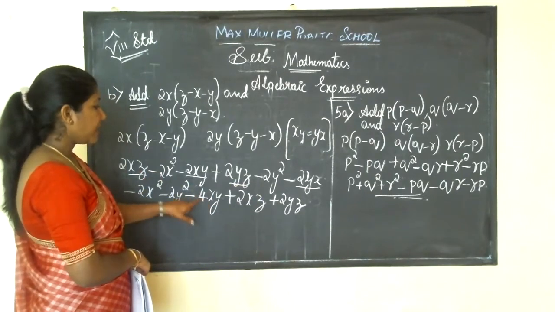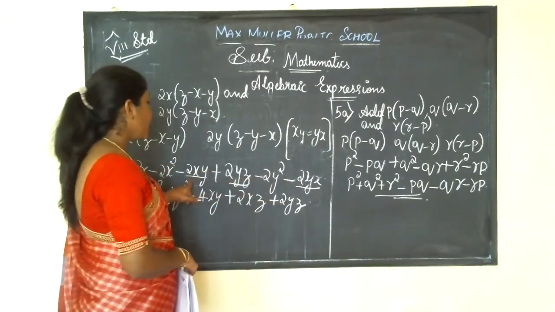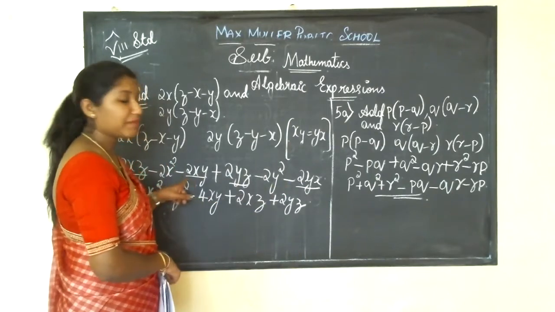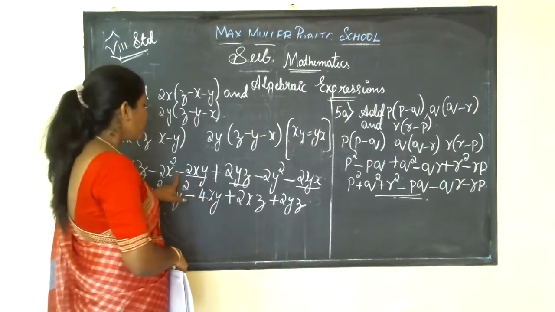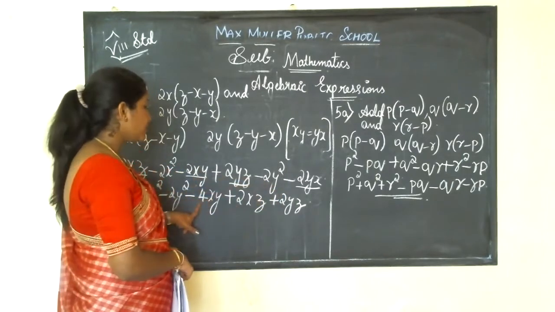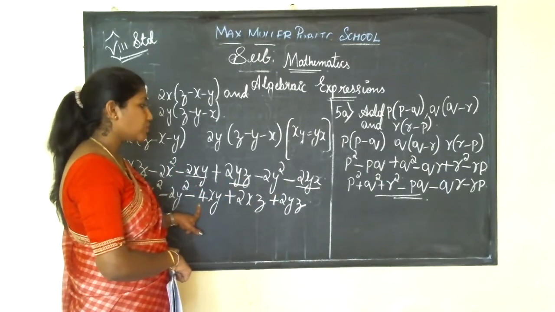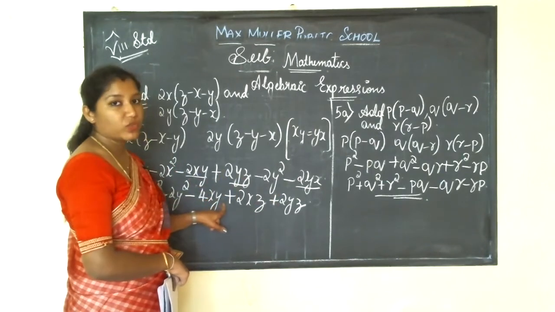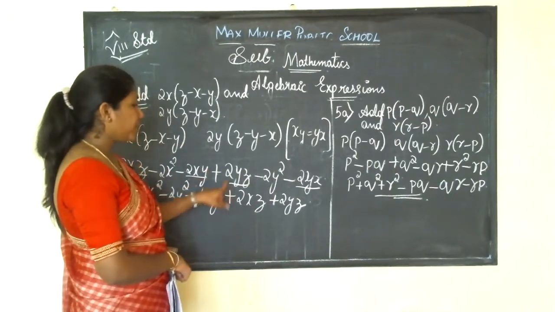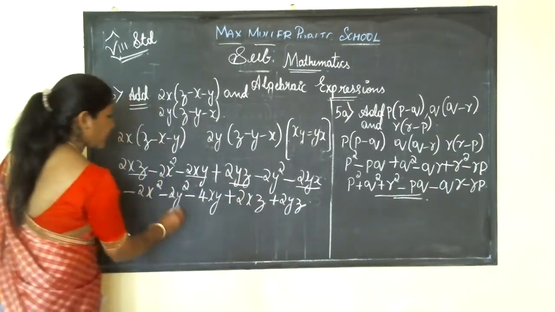Okay, then later you can add these two things and put the greater number sign. Both are having minus, so there is no greater. Both are same numbers, so you have to put minus sign and add the terms. That is 2xy plus 2xy, it is 4xy. Understood? And 2xz you have written, 2yz you have written. Easy, right?